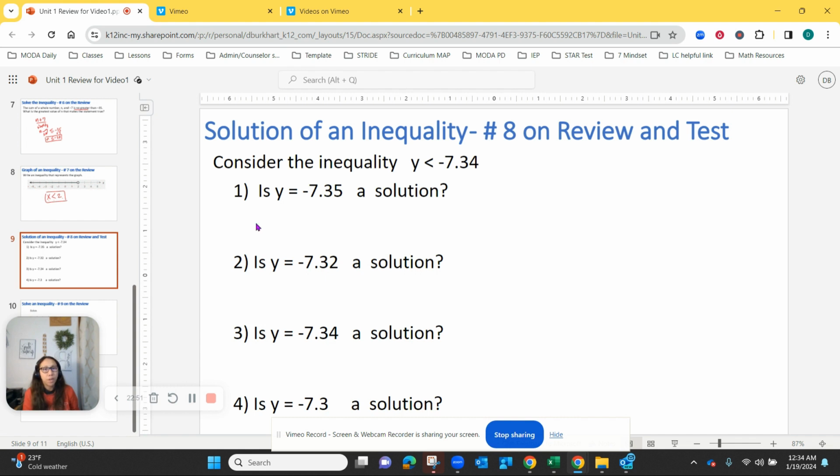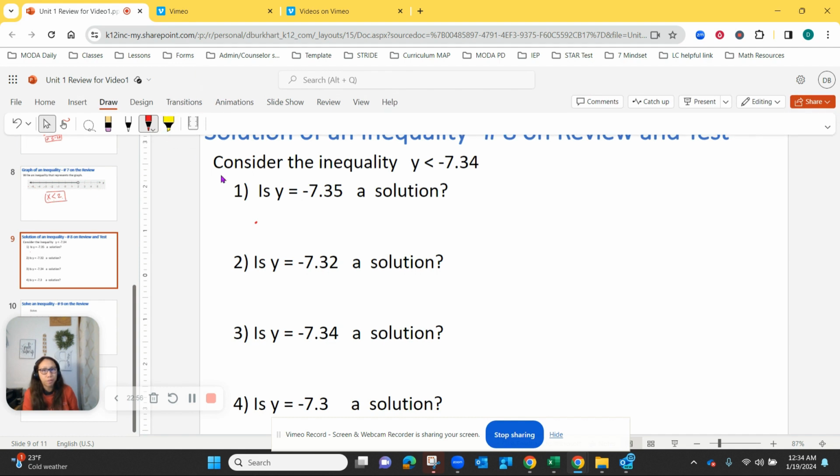Let's take y and replace it with -7.35. -7.35 less than -7.34. Is that a solution? Would that make the inequality true? Well, -7.35 is bigger than -7.34 on the negative side, and the bigger the number is on the negative side, the smaller it is. So that makes the inequality true.